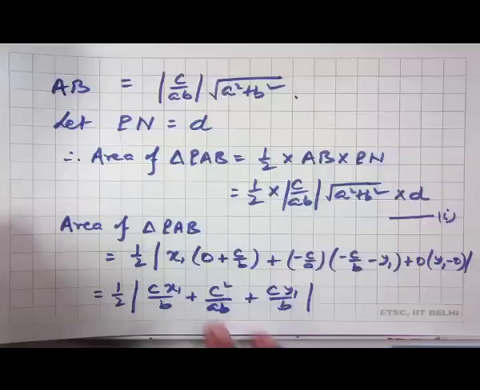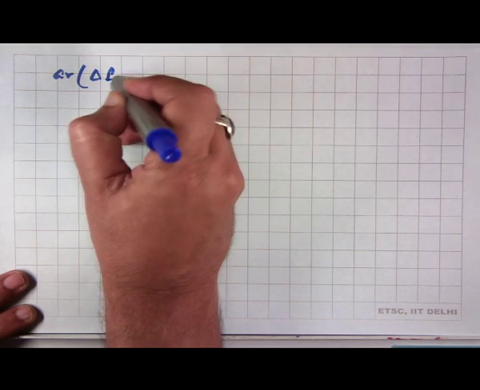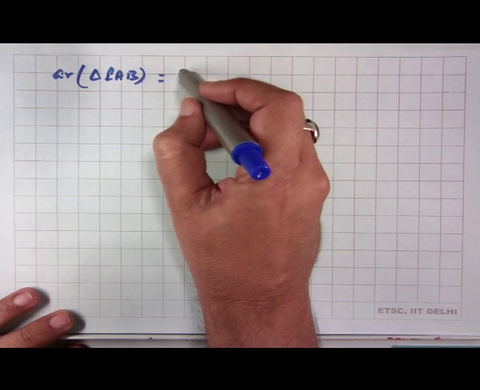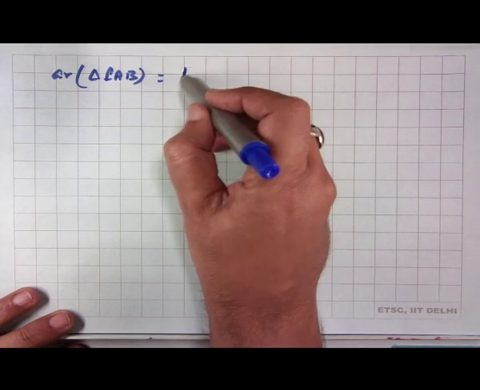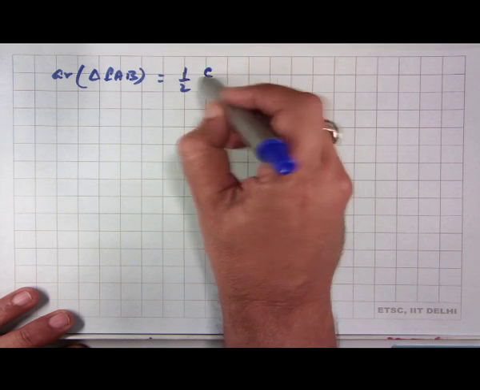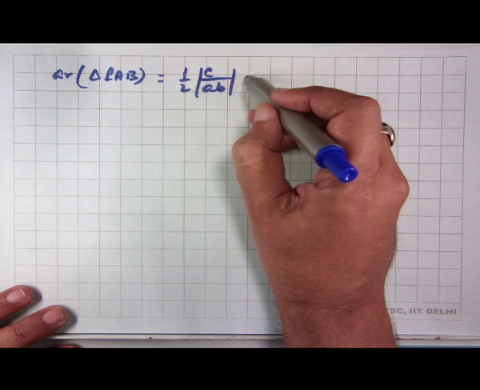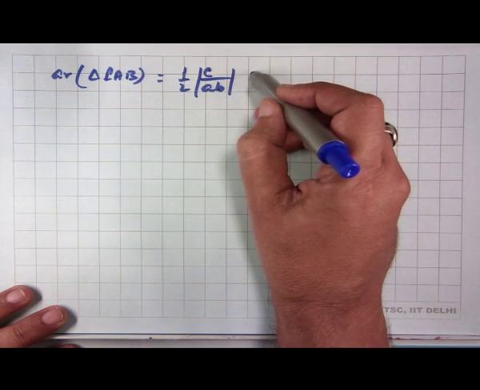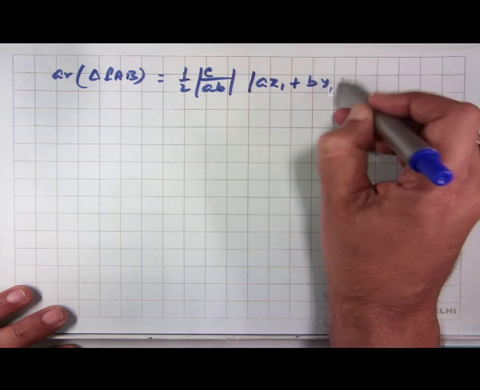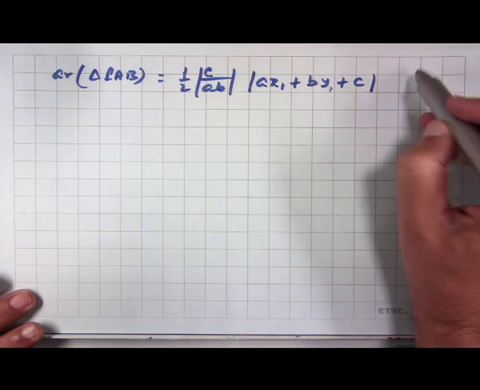When we simplify it, we will get the area of triangle PAB equal to 1 by 2 into c by mod ab into mod of (a x1 plus b y1 plus c). Say this is second.